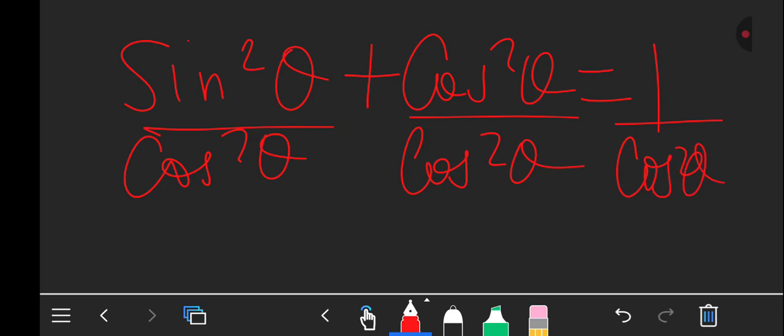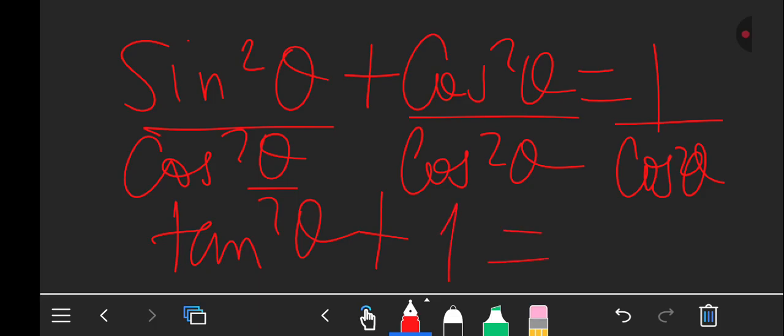So sin squared theta over cos squared theta, that is simply tan squared theta, then plus cos squared theta over cos squared theta, that is just 1, is equal to 1 over cos squared theta, so that is sec squared theta.